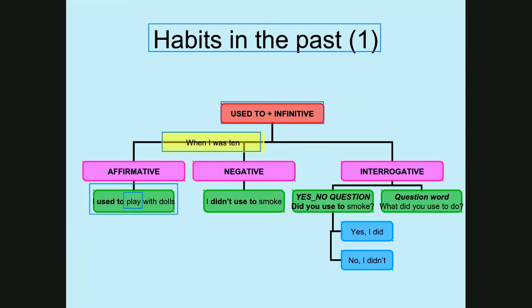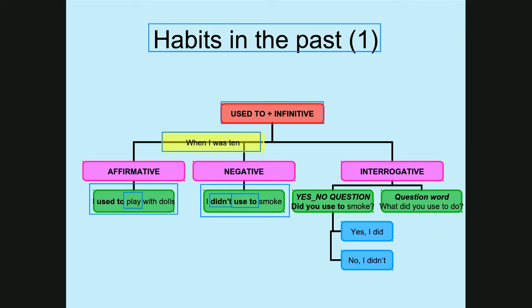In the negative one, we follow the same structure that I explained when we were having the explanation on simple past, and this is that we use the auxiliary didn't for negative sentences. I didn't used to smoke. Because we are using the auxiliary didn't, we need to write the verb in infinitive, which is used to.